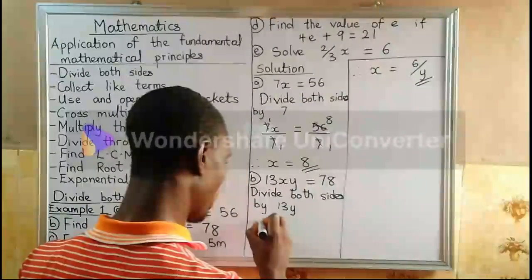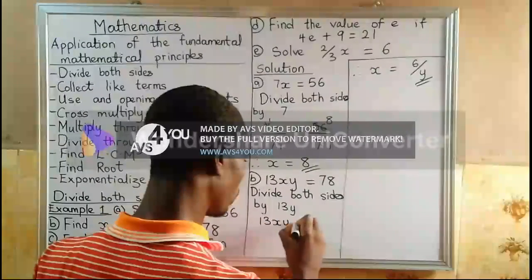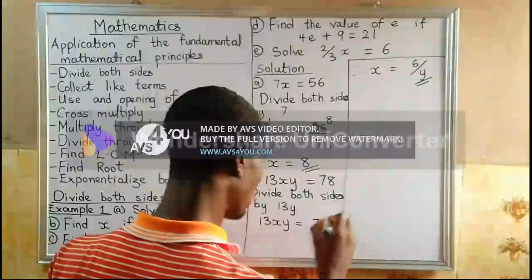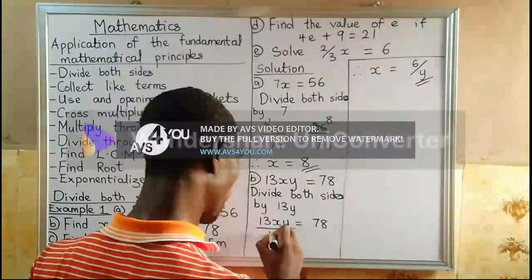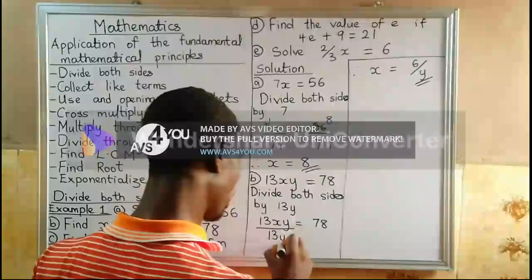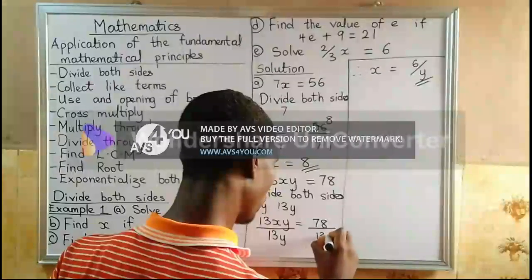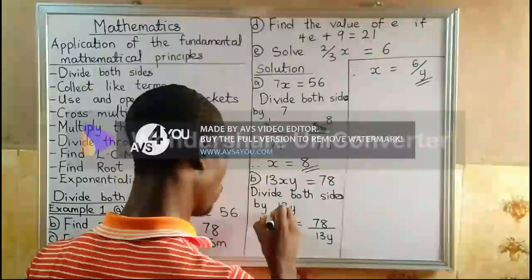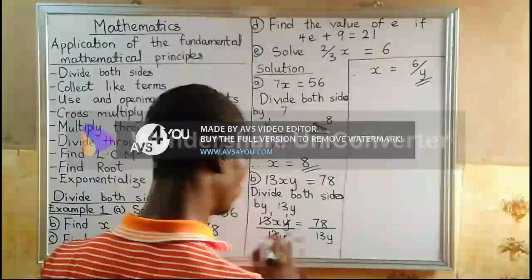So the first side of the equation we have 13xy, and the second side of the equation we have 78. So the first side, 13xy, will be divided by 13y, and the second side also will be divided by 13y. 13 here 1, 13 here 1. y here 1, y here 1.